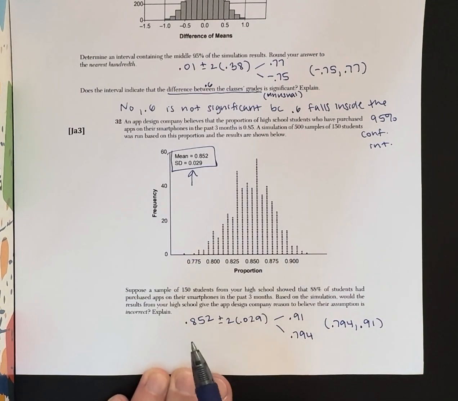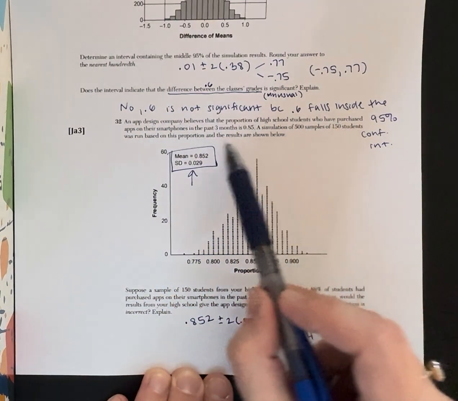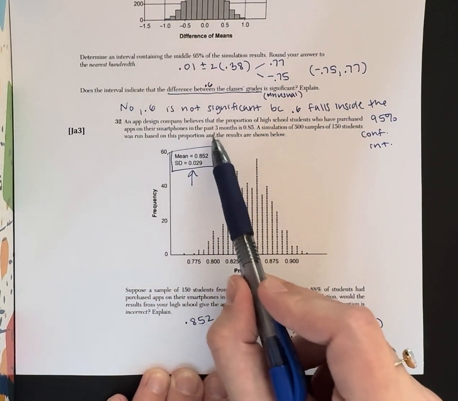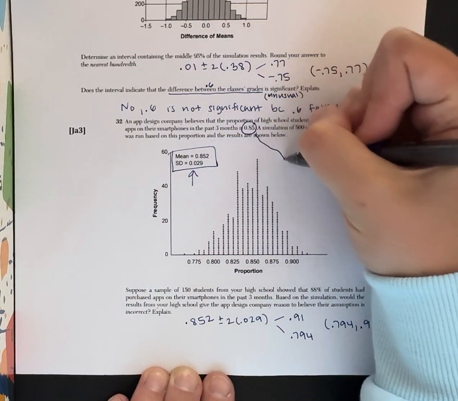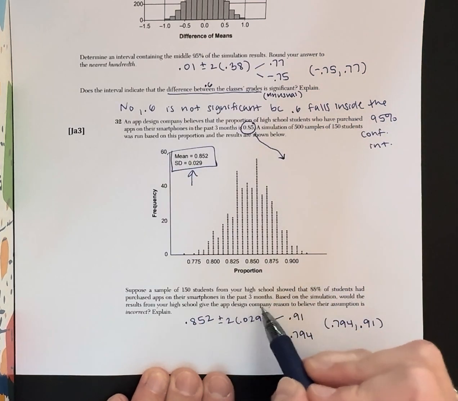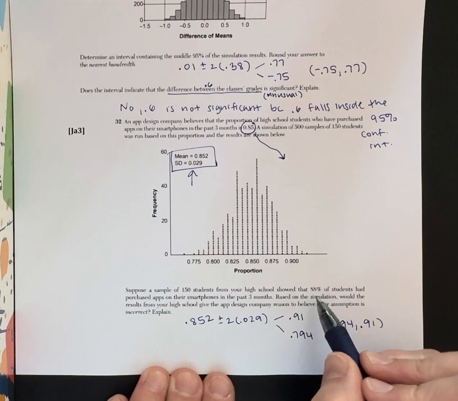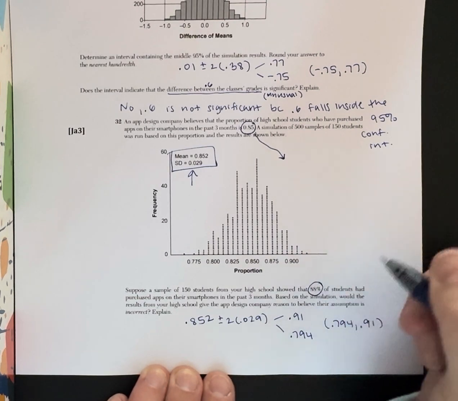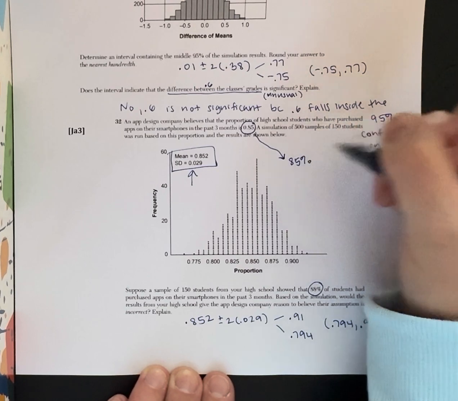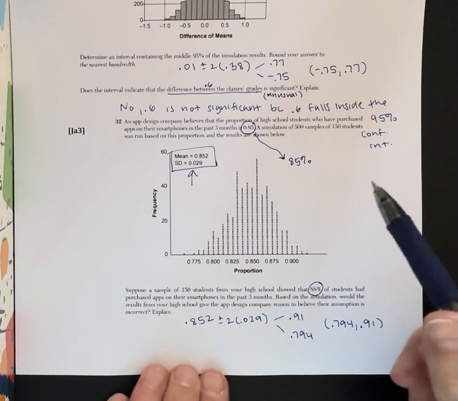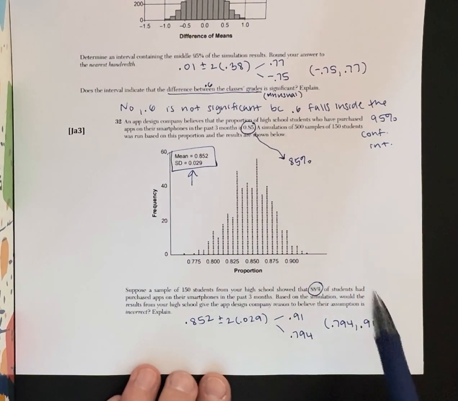Okay, so the app design company believes that the proportion of high school students who have purchased apps on their smartphones in the past 3 months is 0.85. This down here says, suppose a sample of 150 students from your high school showed that 88%. So here, this is talking about 0.85. That's 85%. So this simulation is really dealing with percentages if you think of it that way.